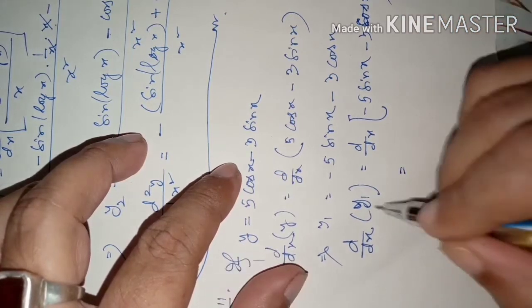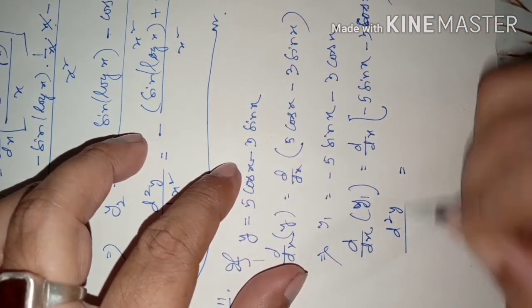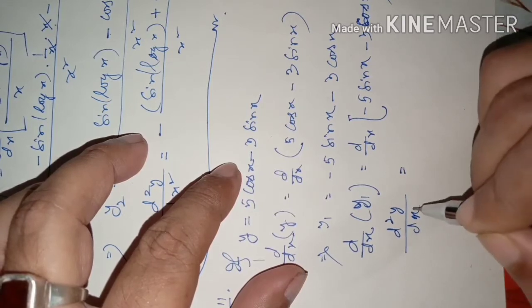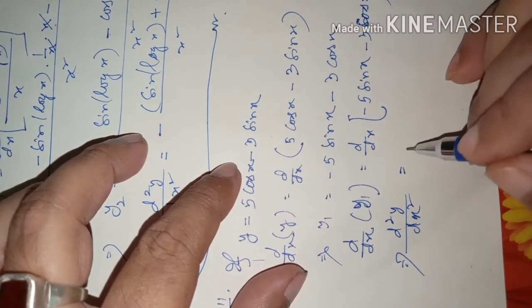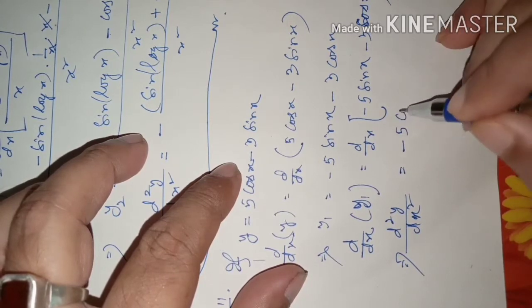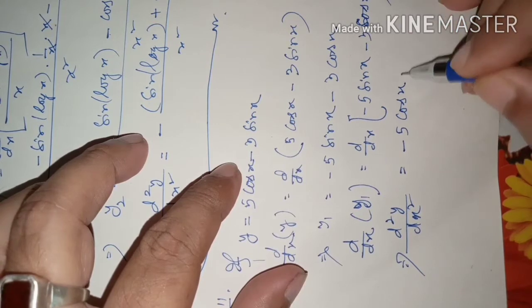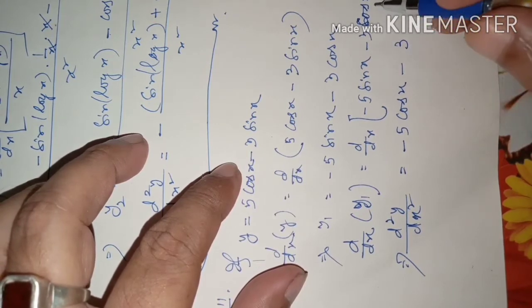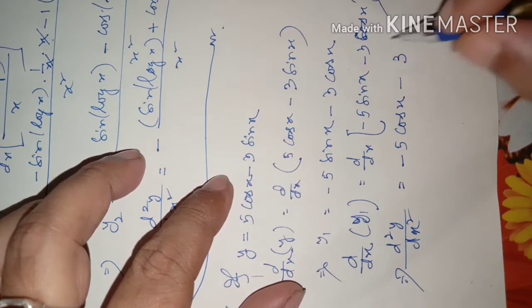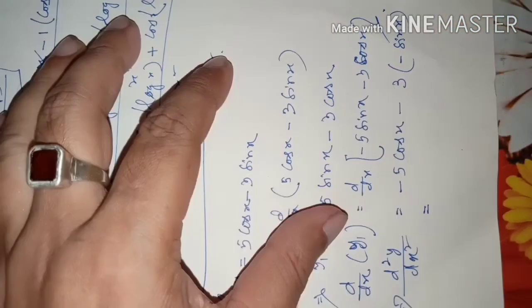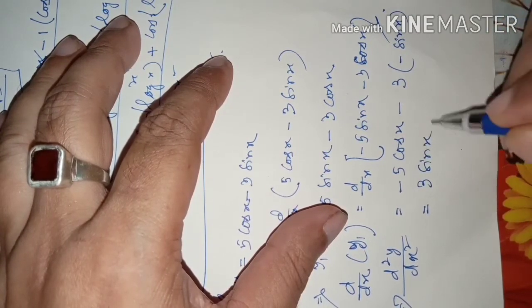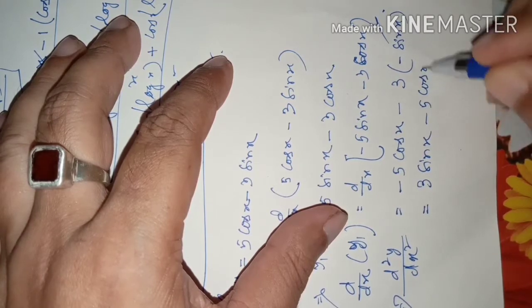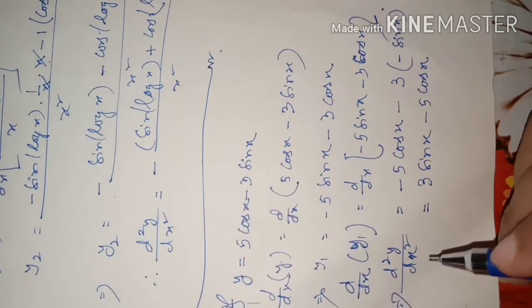Then it will be d2y by dx square, or y2 also you can say. d/dx of minus 5 sin x is minus 5 cos x, minus 3 d/dx of cos x is minus sin x. So that will be equal to minus 5 cos x plus 3 sin x. So that is d2y by dx square.